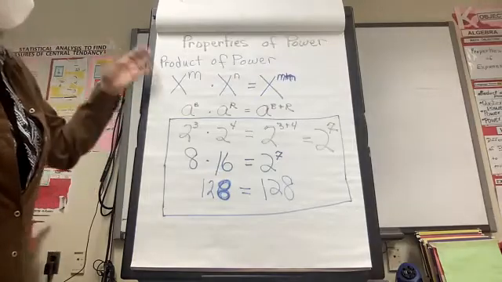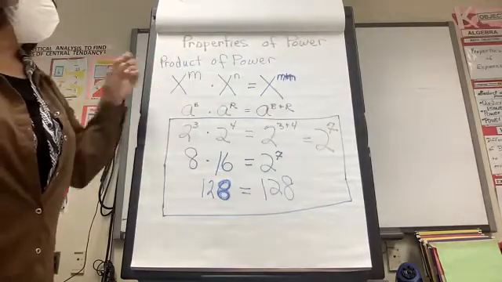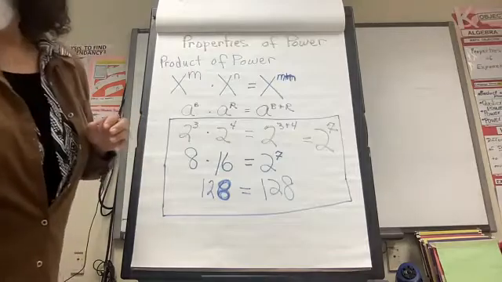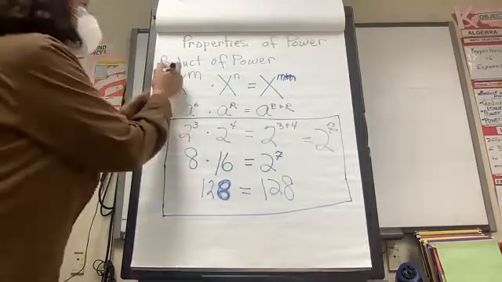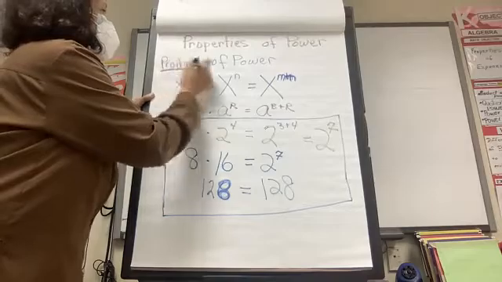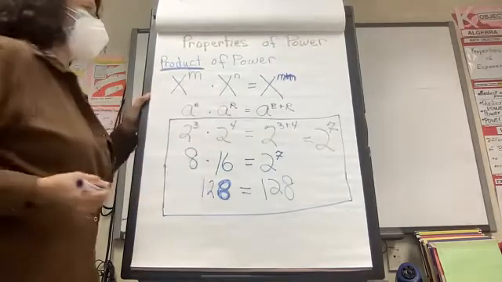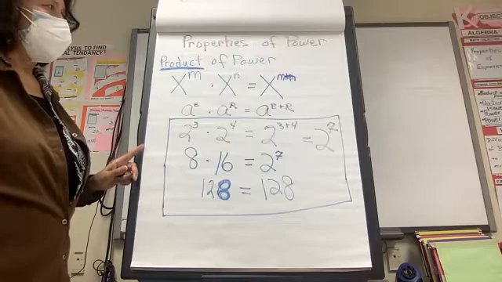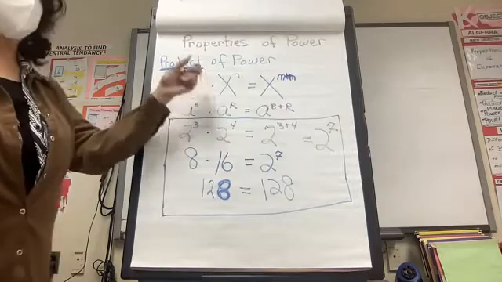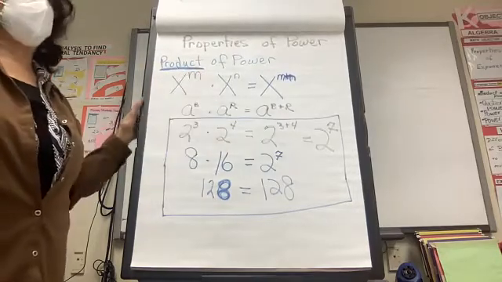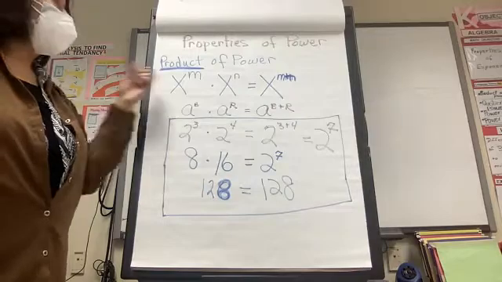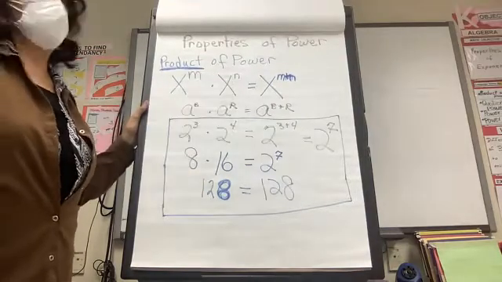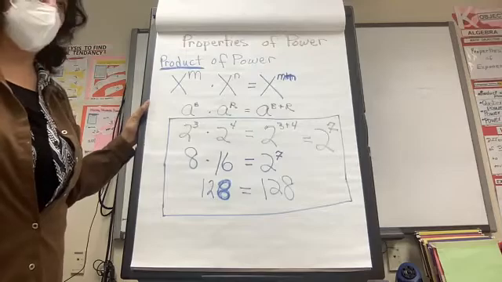Okay, so this is called product of powers because, again, the word product means multiplication, the answer in a multiplication problem, and we're talking about powers. So when the problem is multiplication, the little spoiled powers that sit on the shoulder of the base number say, we don't want to multiply, we want to add.